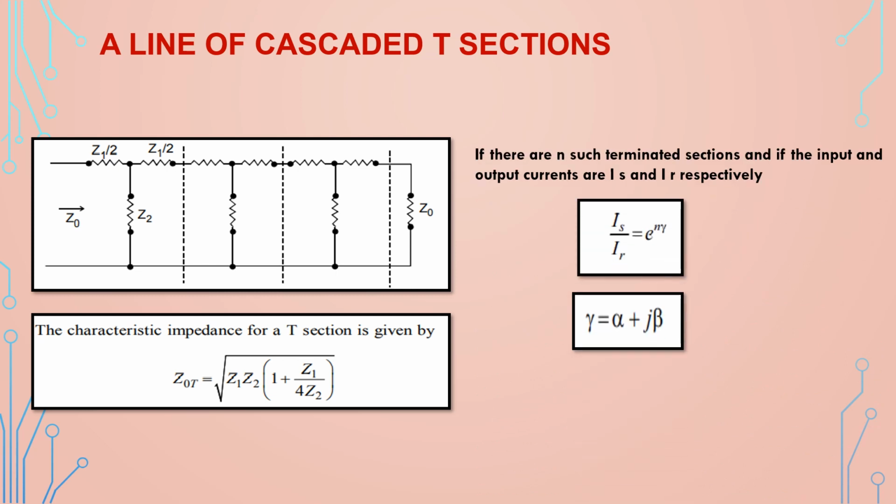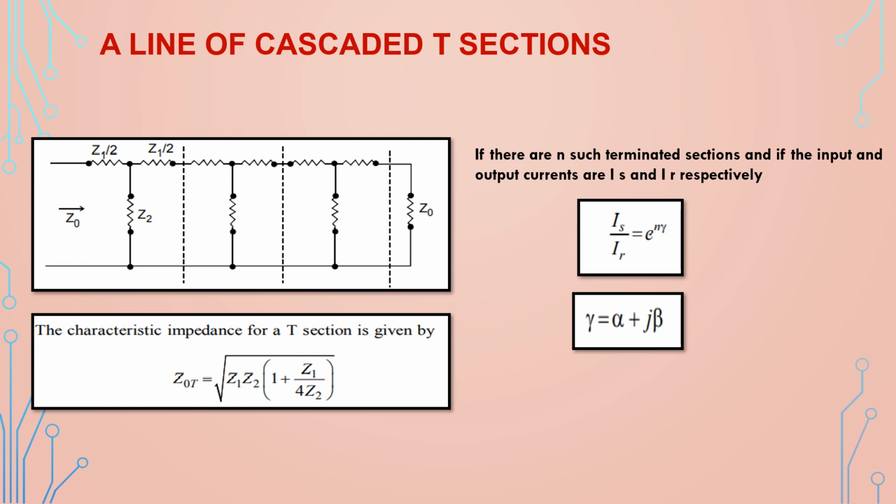Now the relationship between the sending current and receiving current: IS by IR is equal to e power n gamma, where n accounts for the number of T sections. Gamma is the propagation constant. What is gamma? Gamma is equal to alpha plus j beta. What is alpha accounting for? The attenuation.